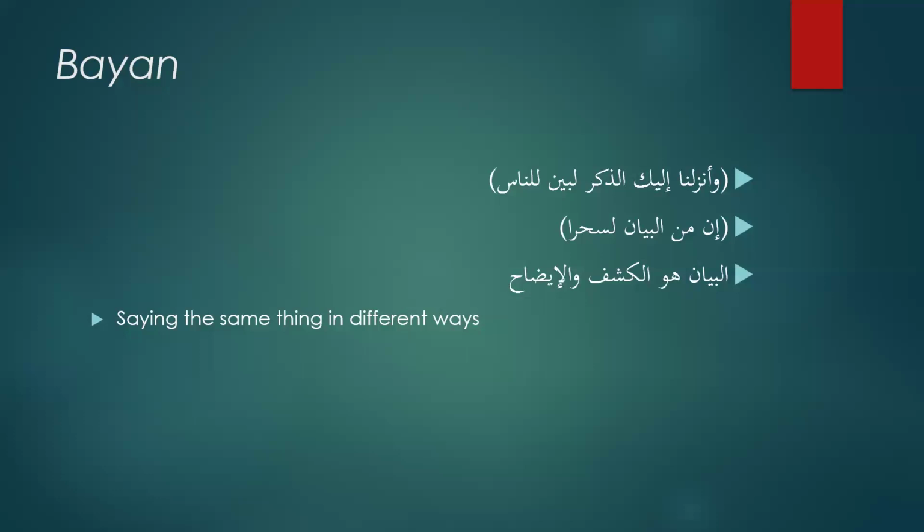non-literal language. So the idea is that to clarify something, to really win over someone, you have to explain things sometimes non-literally. And so that's an amazing thing, that bayan, which is to elucidate, which is to express something in a clearer way, is to say it non-literally.